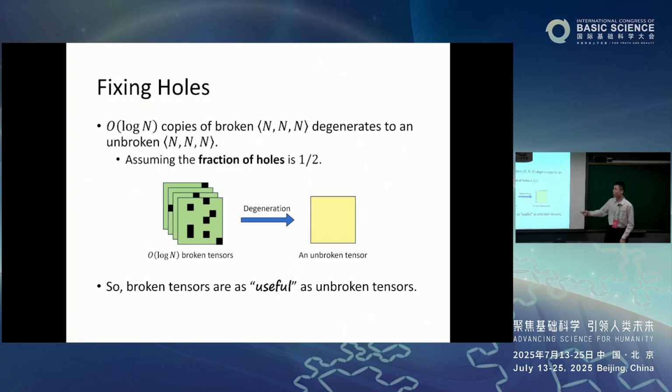This means that order log n broken matrix multiplication tensors can help us multiply two n-by-n matrices and get the entire output matrix, so they are equally useful as a single unbroken tensor. In this sense, broken and unbroken tensors are equivalent to each other up to a factor of log n in the number of tensors we have. So this is the technique of fixing holes.